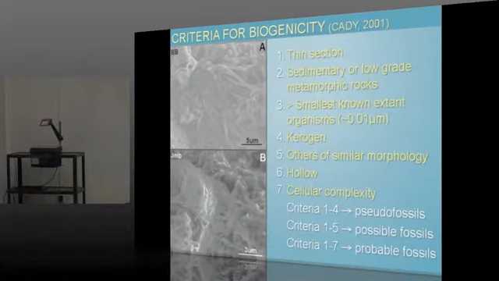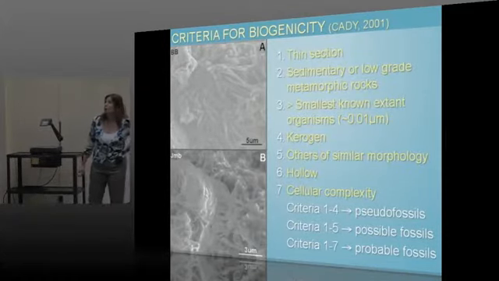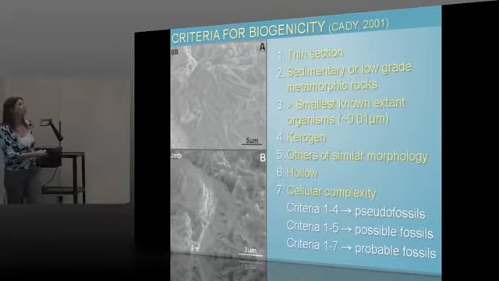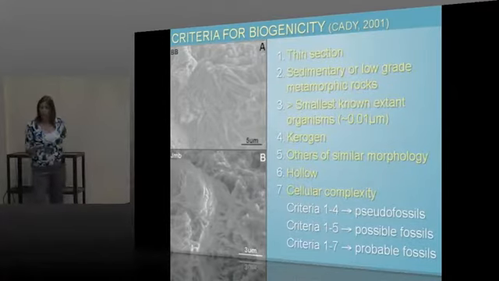So for this study, I used criteria for biogenicity from Cady, 2001, just to have some sort of starting point. To prove biogenicity, it has to be in a thin section.